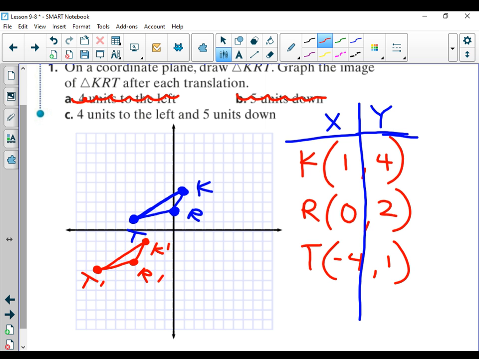Now the shape should look the same once it moved. So does it look the same to you? Kind of like the duck. The head didn't go one way and the tail didn't go the other way. The whole duck slid the same direction.